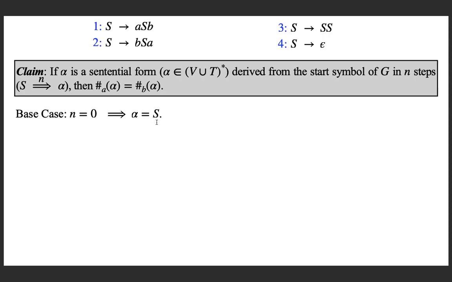So alpha must be the start symbol. In this case we are done, because the number of A's in this string is 0, which is the same as the number of B's, because it is just capital S. So we have proved the base case.